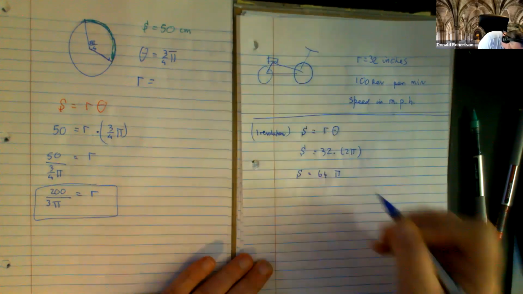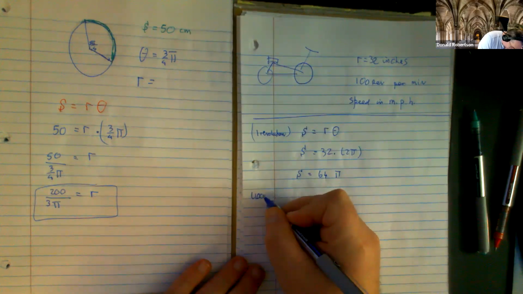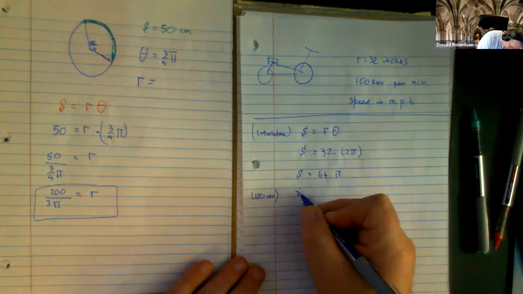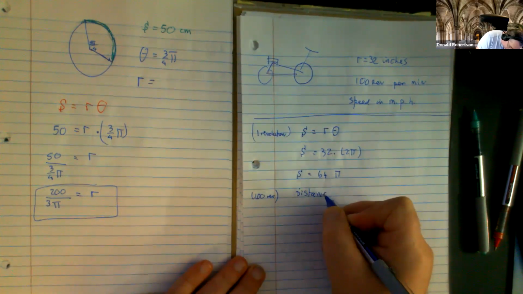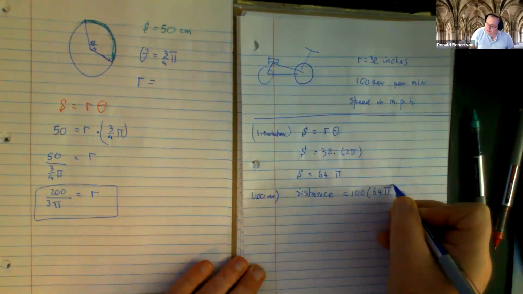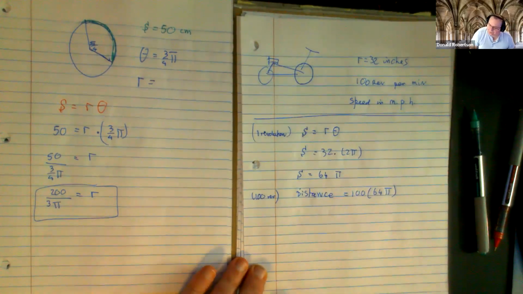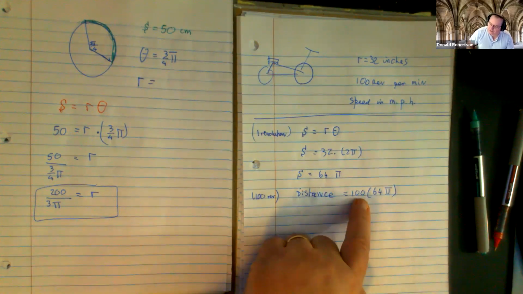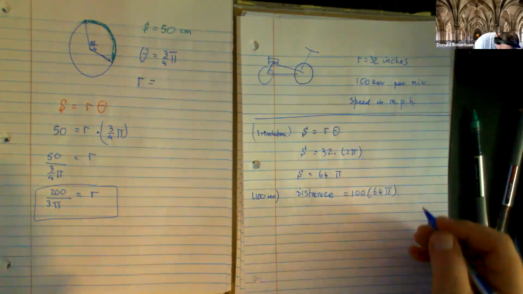Now, if you do 100 revolutions, then you're going to get a distance, so I'll call it distance now. And it's going to be 100 times that guy, agreed? One revolution of the wheel, that's how far you would travel in 100 revolutions, right? And the units right now are in inches.